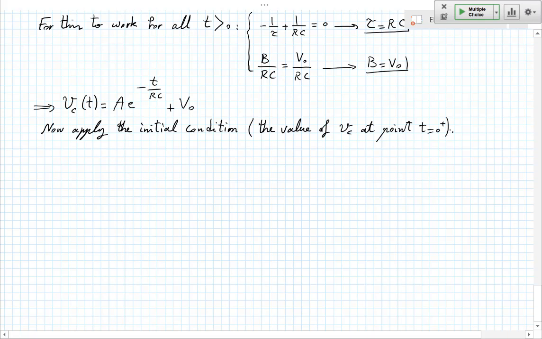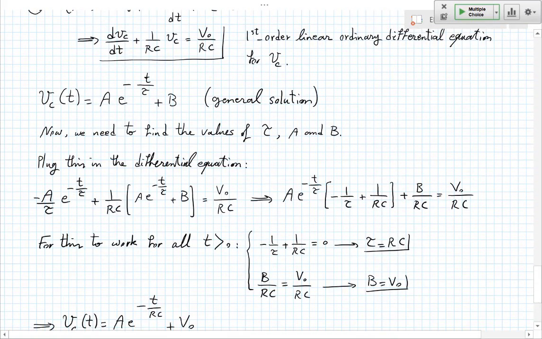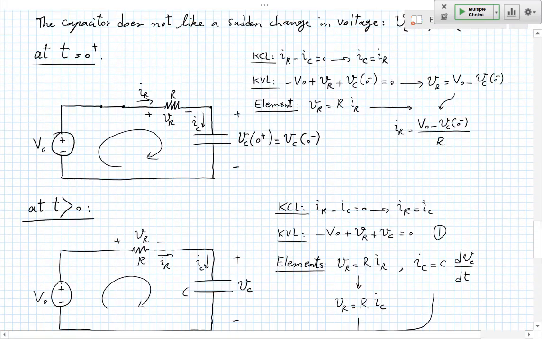Now, in this particular case, because this was a capacitor, during the transition from 0 minus to 0 plus, its voltage didn't change. It didn't like an abrupt change. So it so happens that Vc of 0 plus was equal to Vc of 0 minus. That's what we had further up here.